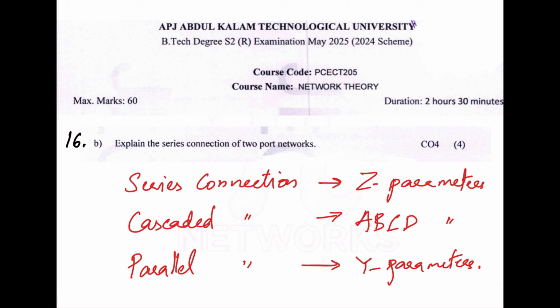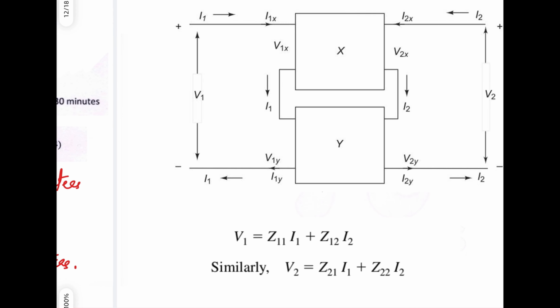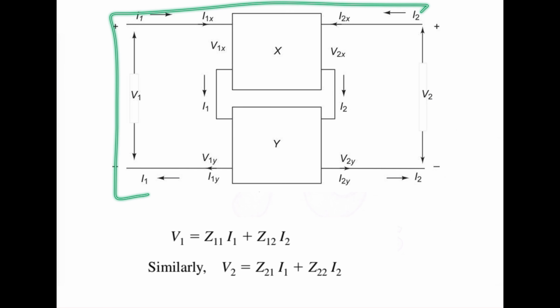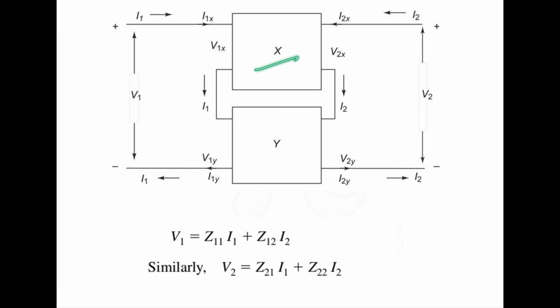The first step to solve this question is to draw the two-port networks connected in series combination. This is the circuit with two-port networks represented with X and Y. Mark the relevant terms for the first network: I1X, V1X, I2X, V2X.